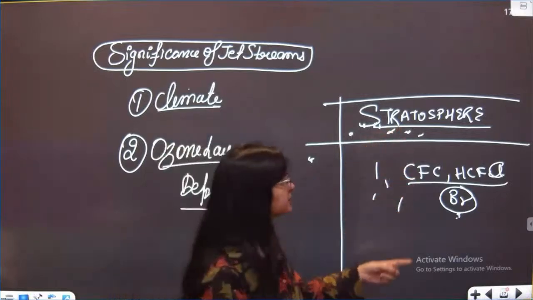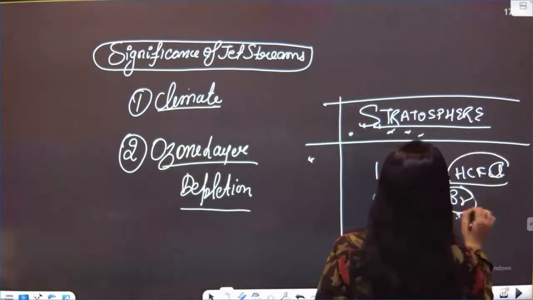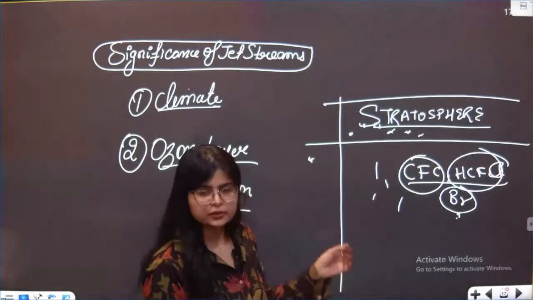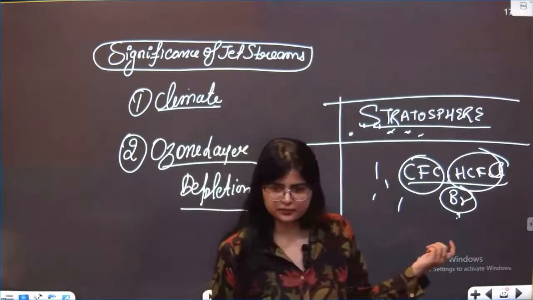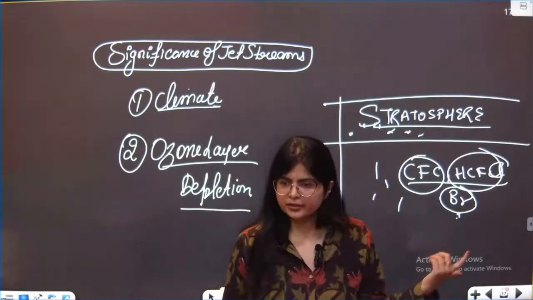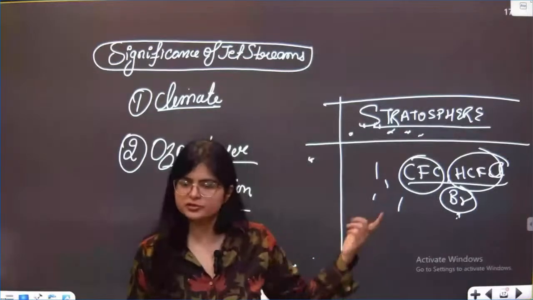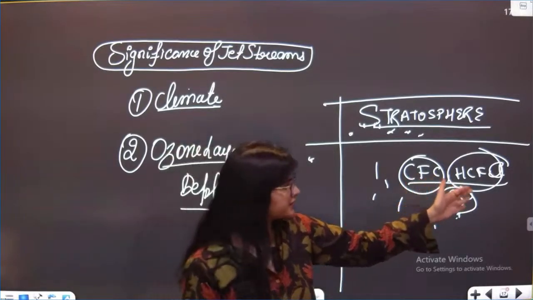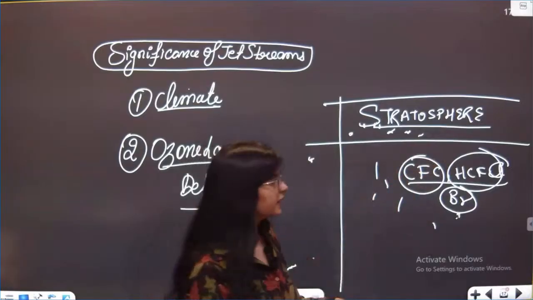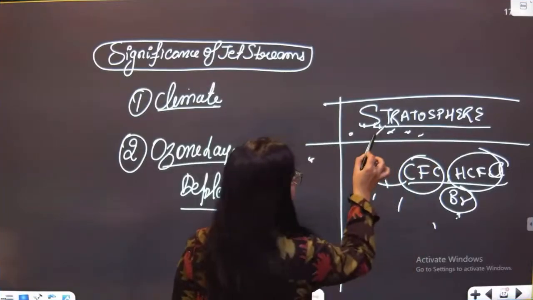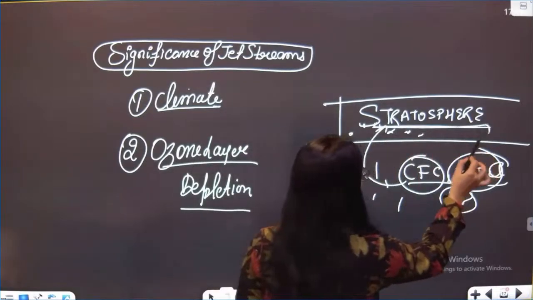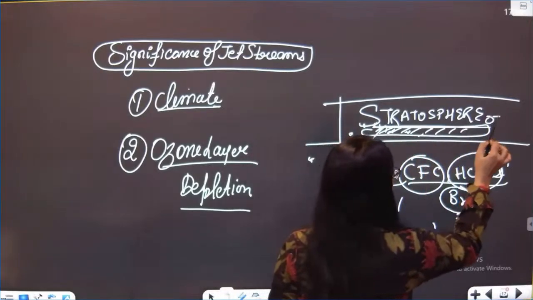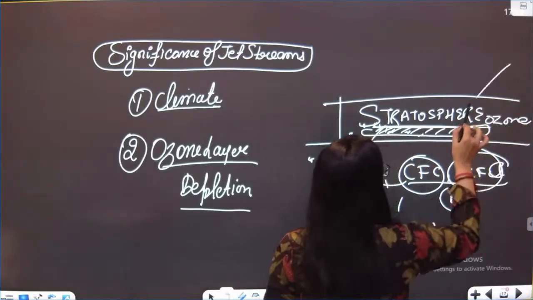So what happens when CFC, HCFC, which are used in a lot of refrigerants, right? You use them in your air conditioners, right? There have been amendments also, a lot of environmental conventions present to eradicate this. When these HCFC and CFC mix in the air, they are transported into the stratosphere. What is in the stratosphere? The ozone layer. This ozone layer protects us from harmful ultraviolet rays.